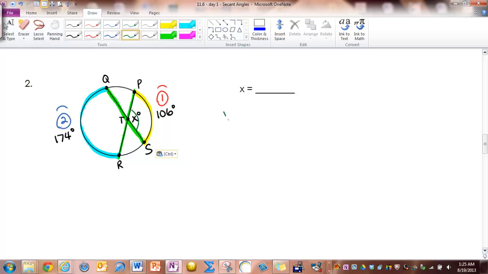Now like I said, our vertex is inside the circle, and whenever the vertex is inside we use angle equals arc 1 plus arc 2 and we divide it by 2.